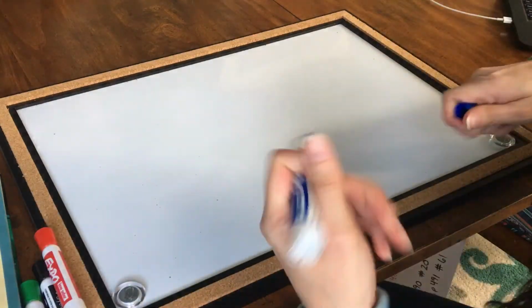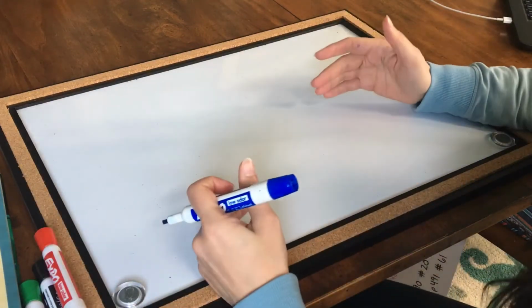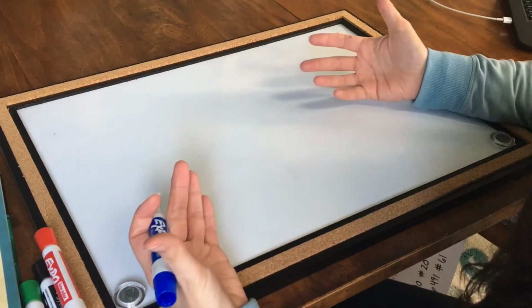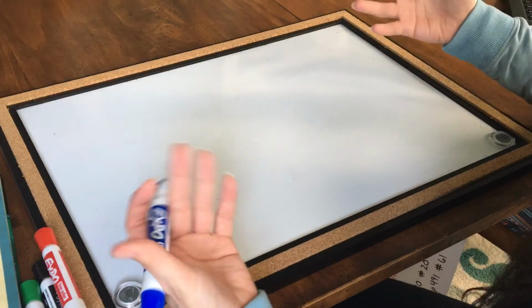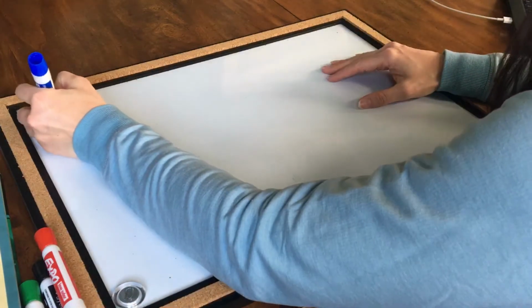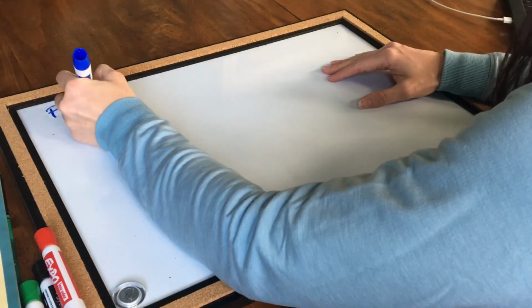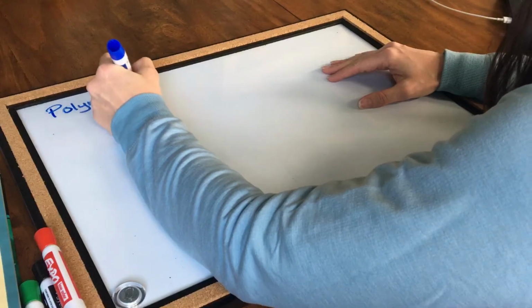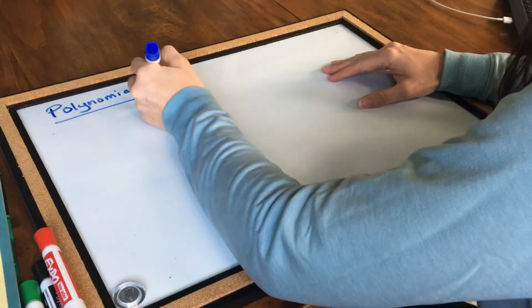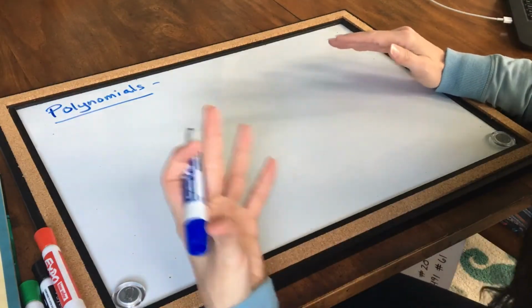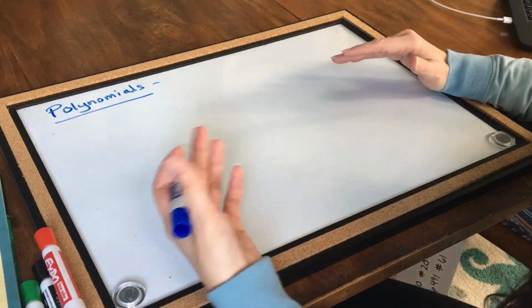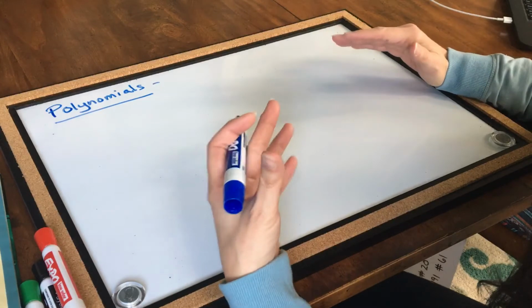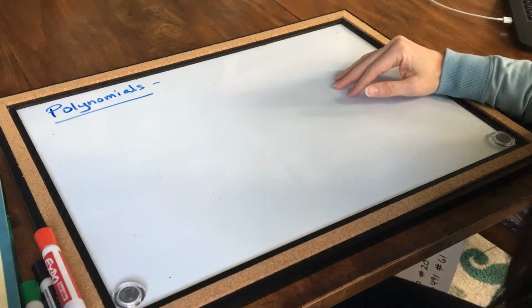Okay, so today we're starting to talk about polynomials. And you've seen polynomials before. We've just never given them a real good look or a real name. So let's talk about polynomials. A polynomial just means either a monomial or a group of monomials that are being added and subtracted from each other.